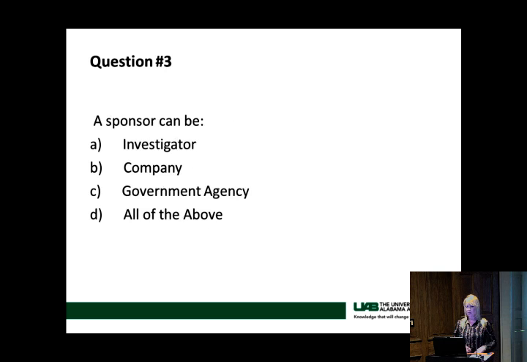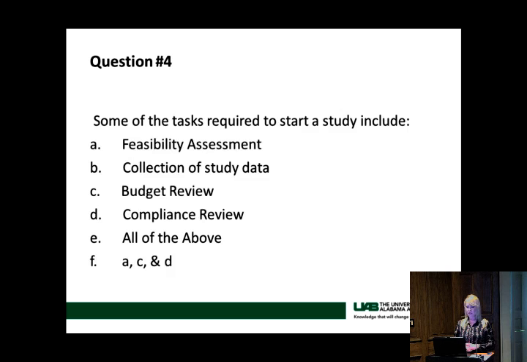The sponsor can be all of the above. Some of the tasks required to start a study include A, C, and D. That's correct.